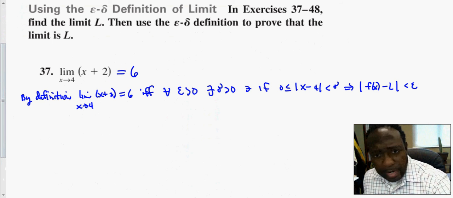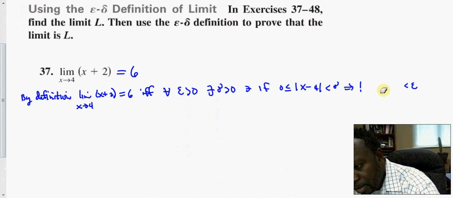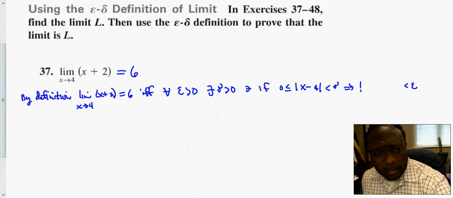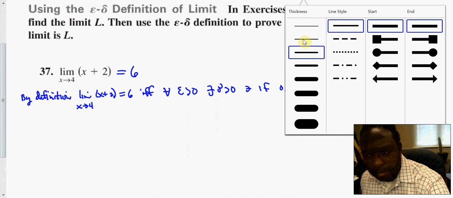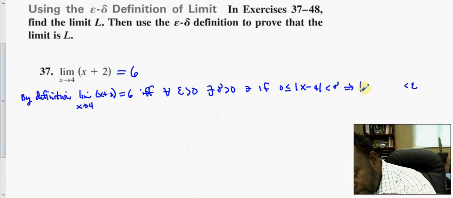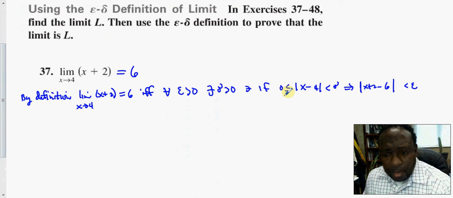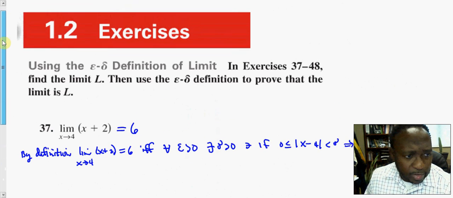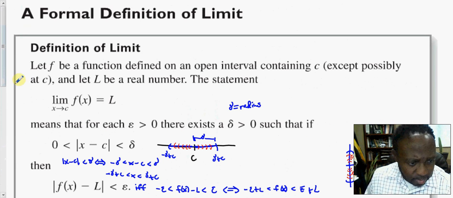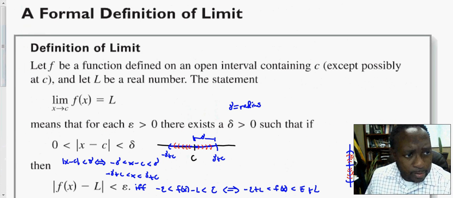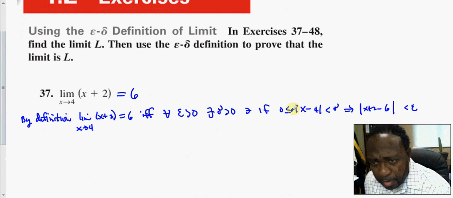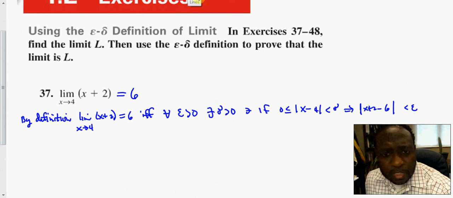So let me go ahead and just do that now. Just want to show you that. Here the function is x plus 2, and it's minus L, it's minus 6. Better erase this. This is not equal to 0.